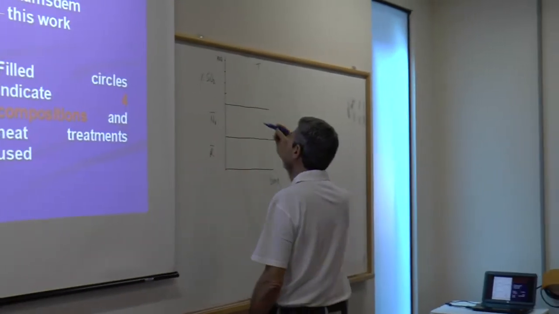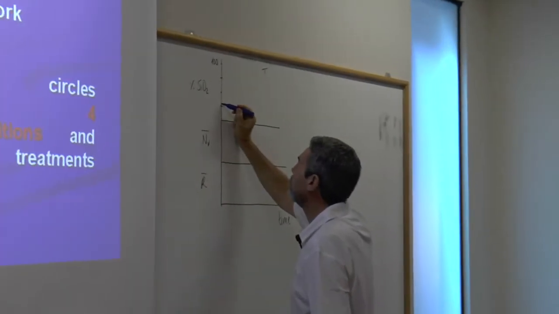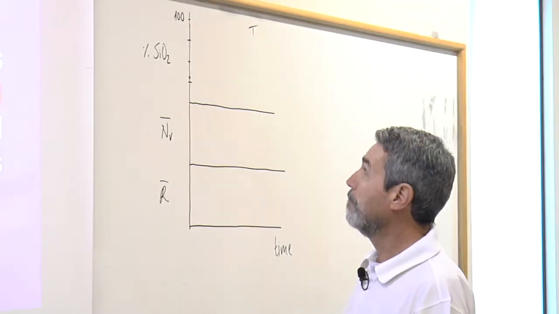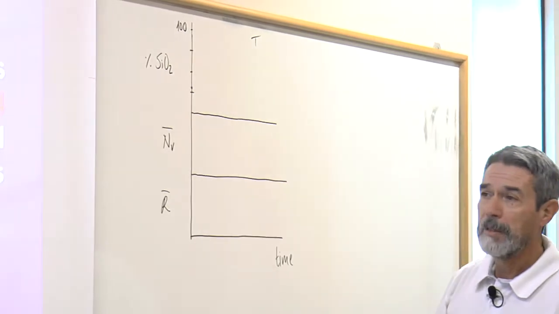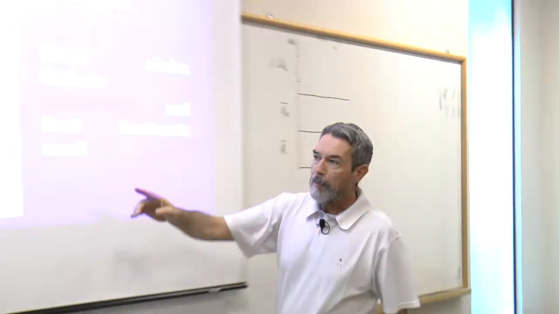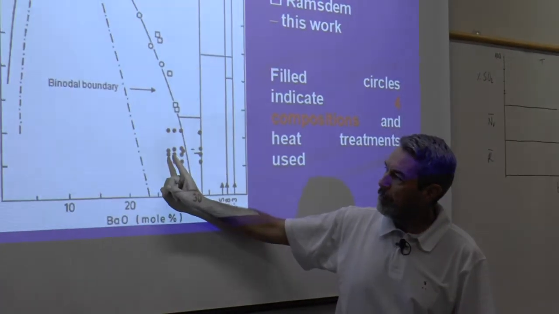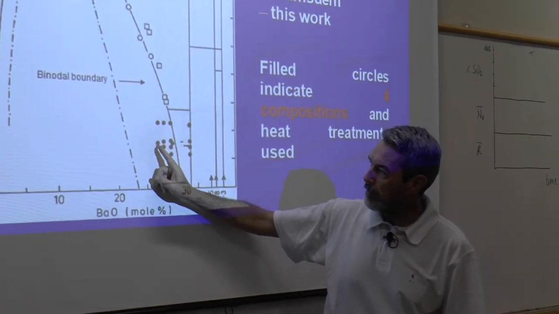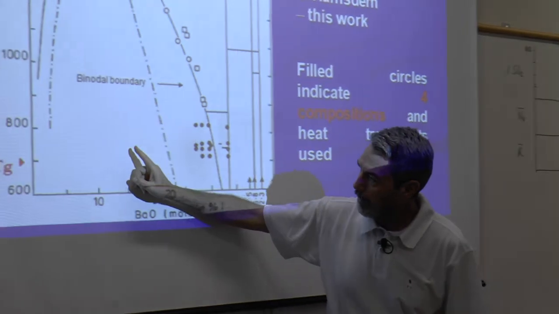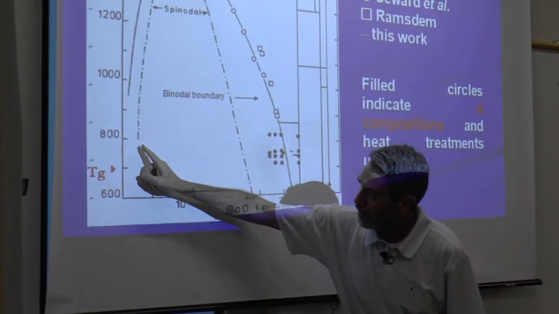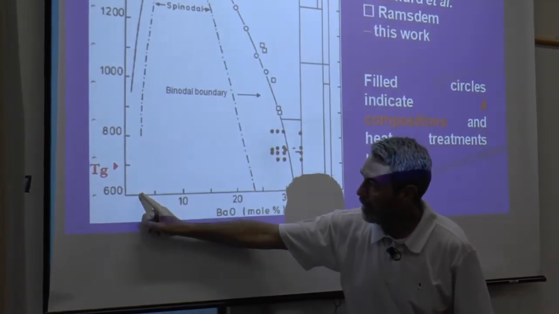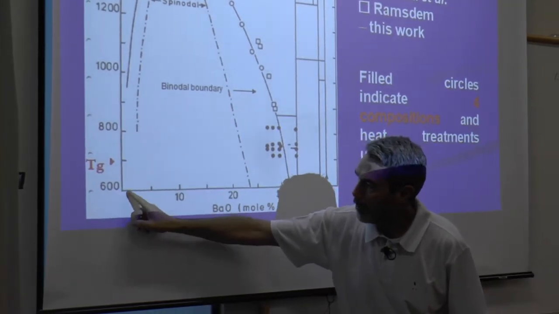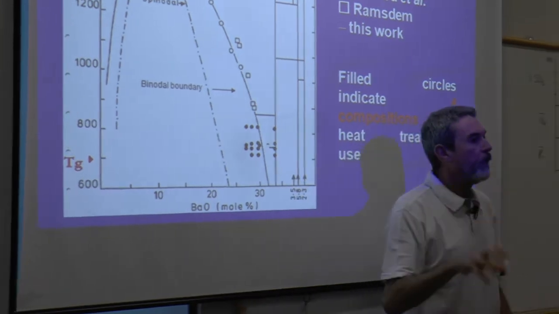So we start at 27, and heat treat the system. If I start with this composition here, droplets of this composition here, say 95% silica, this is pure silica, will nucleate.